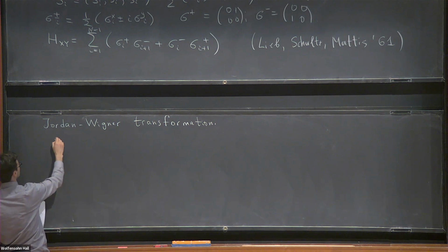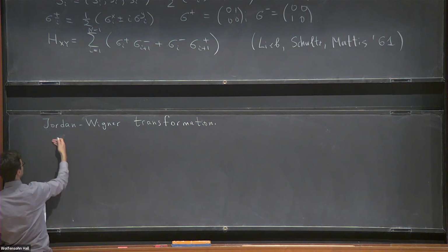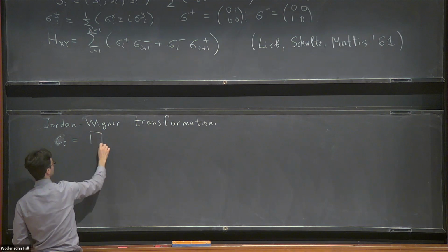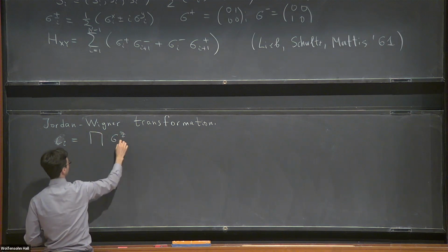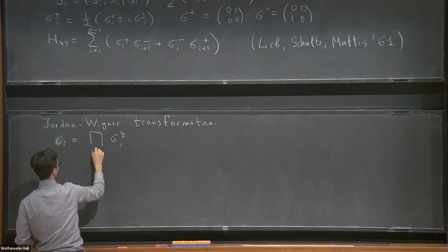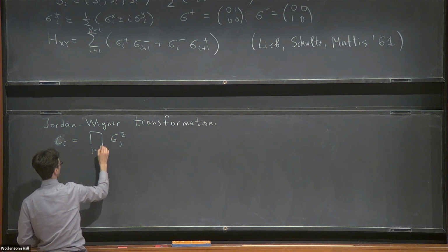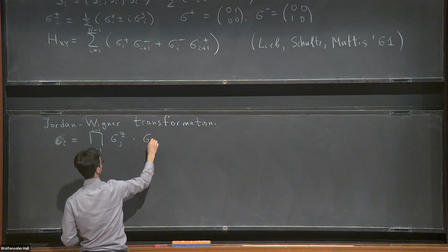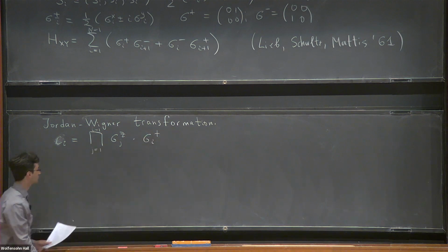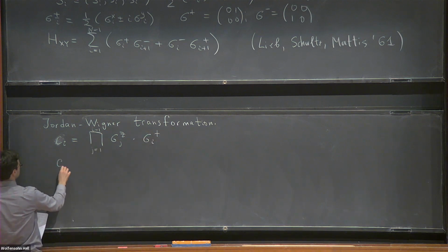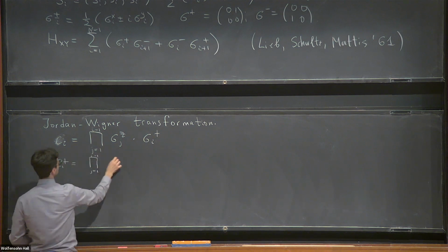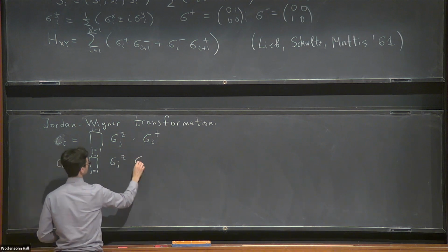Let me write this. I can define my fermionic variable c_i as a product of sigma z matrices, j goes from 1 to i minus 1, times sigma_i^plus. And c_i dagger is the same with sigma_i^minus.